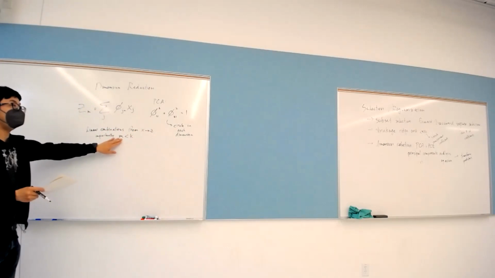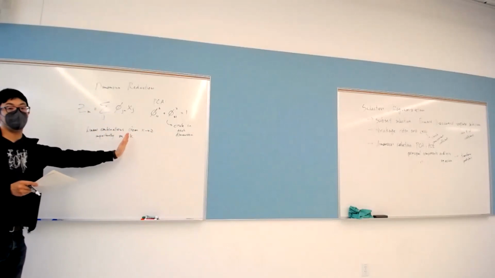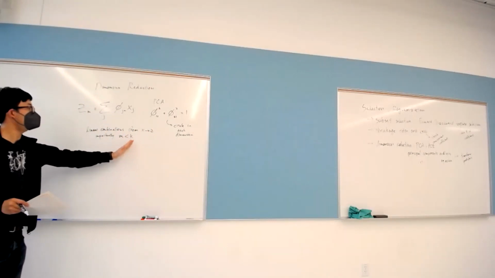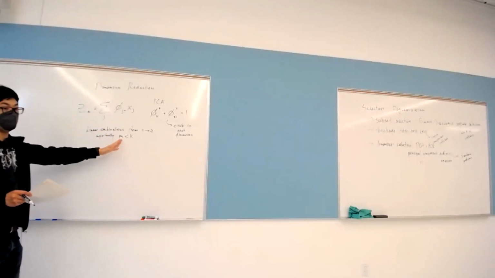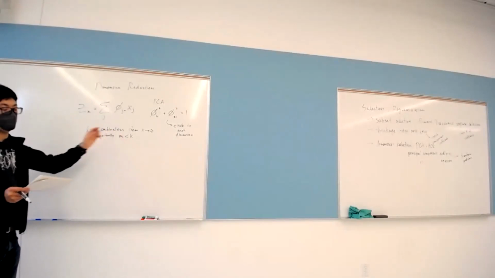If we think about a linear regression, let's say you have k number of variables. Here, we're going to have m number represented, and it's going to be less than k.